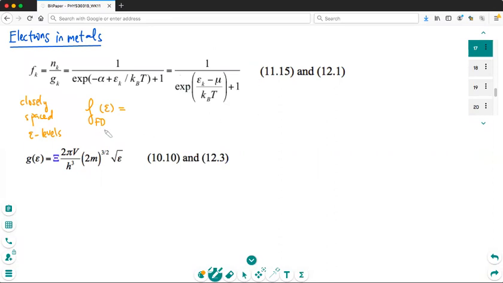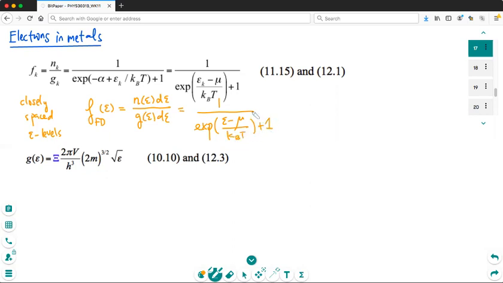FD, Fermi-Dirac. Okay, so in the continuum limit, this n becomes a function of epsilon, and then you have this g(ε) dε. We just have to quickly write this down: 1 over e to the power of (ε minus μ), where μ is the chemical potential, over k_B T, minus 1.